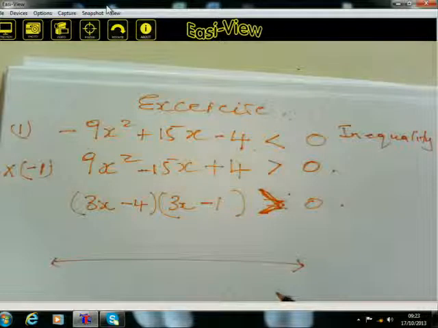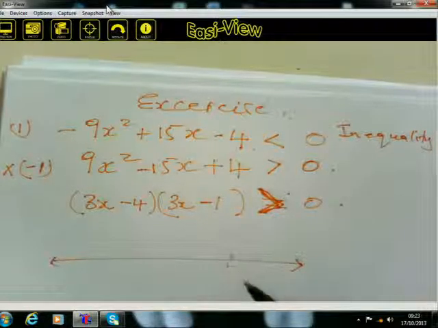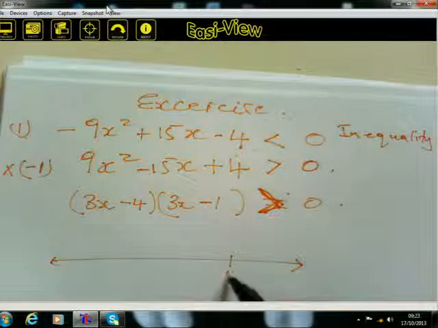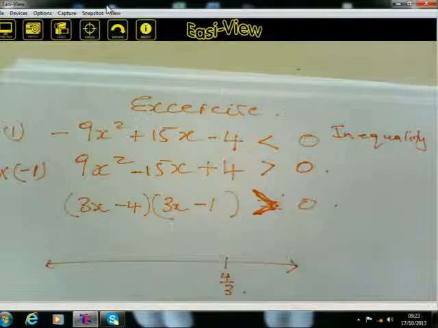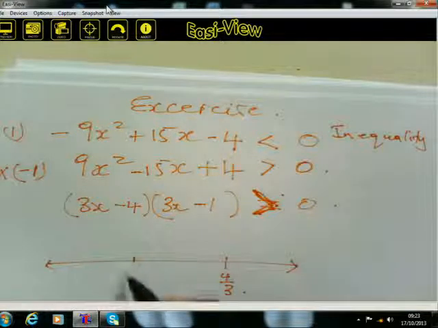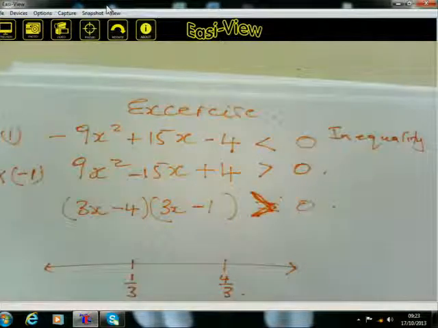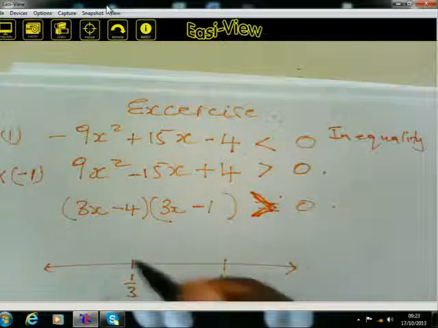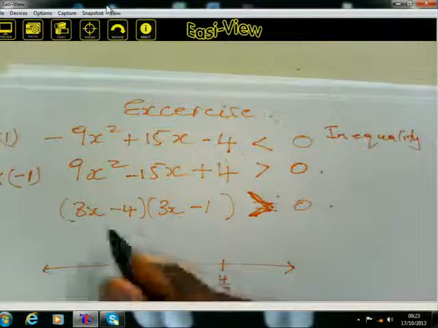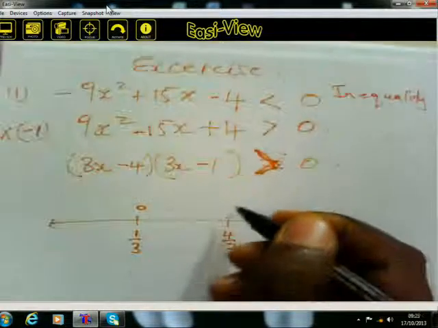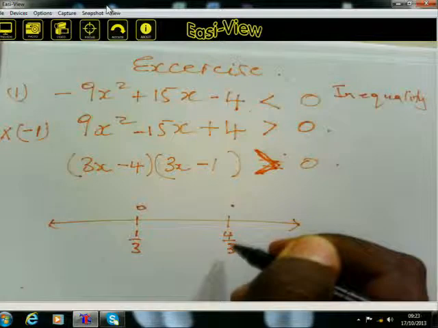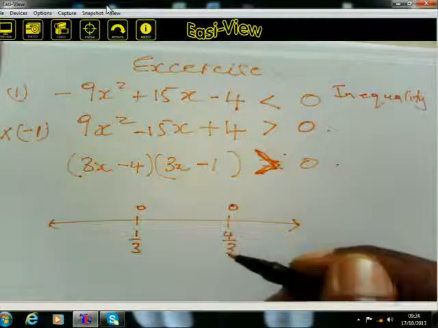For this to be a 0, this one is going to be 4 over 3. For this to be a 0, this is going to be 1 over 3. When I substitute by this, I'm going to get a 0, and here also, when I substitute by this, I'm also going to get a 0.